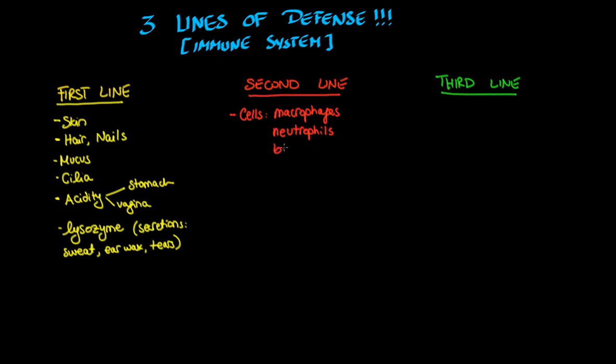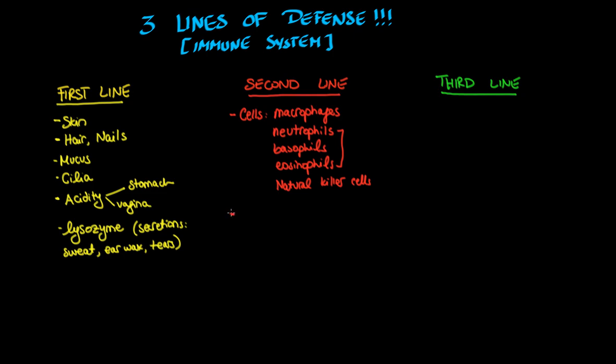Also, we have the basophils, eosinophils. Right, so these are examples of white blood cells that are going to fall under the second line of defense. These are the granulocytes, if you remember from the blood chapter. And we also have natural killer cells. Right, so these are going to also fight off infected cells.